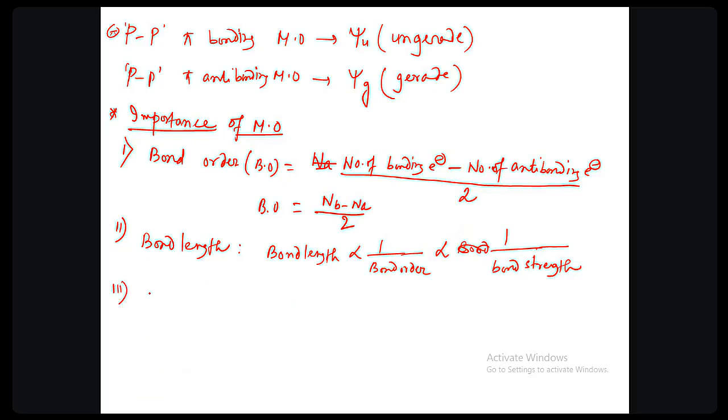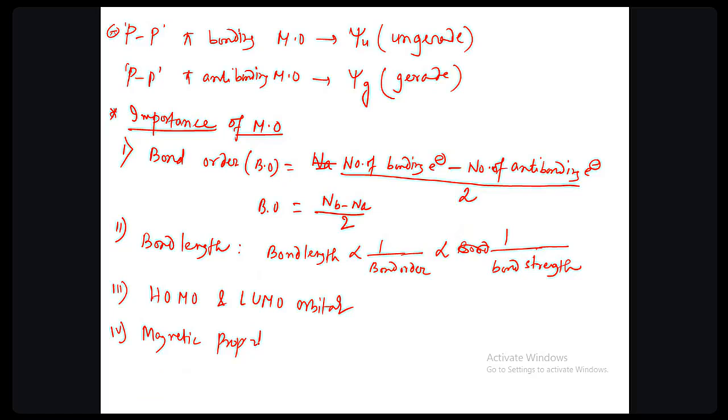Another, we get information about the HOMO and LUMO orbitals from the diagram, that is, the highest occupied molecular orbital and the lowest unoccupied molecular orbital. And fourth, we can determine the magnetic property of the molecule.